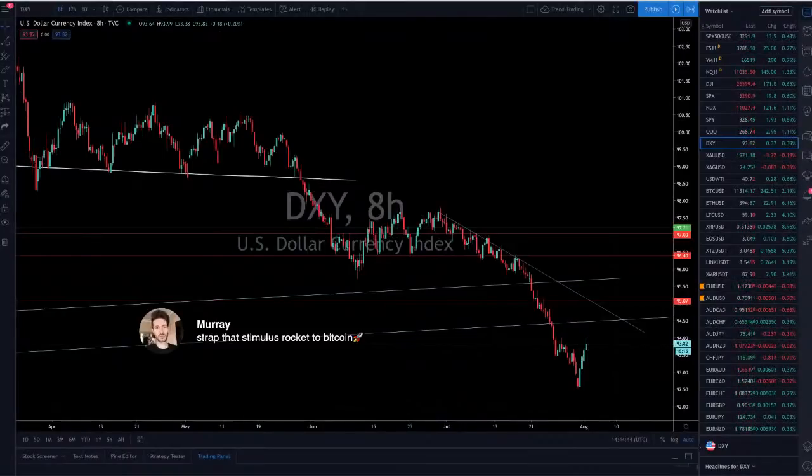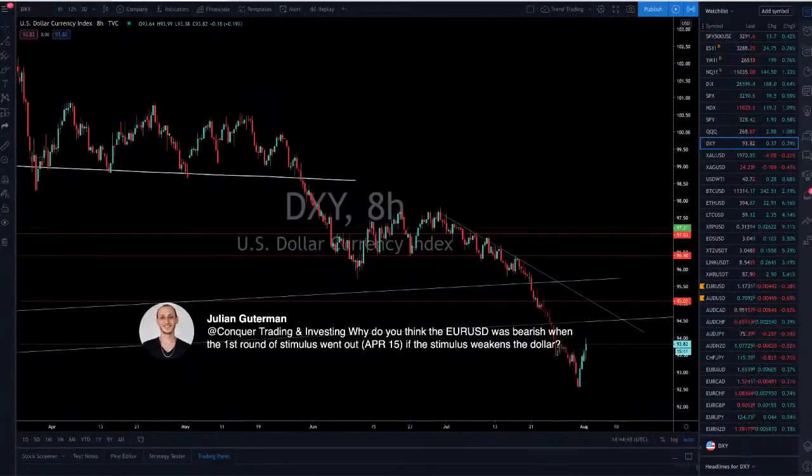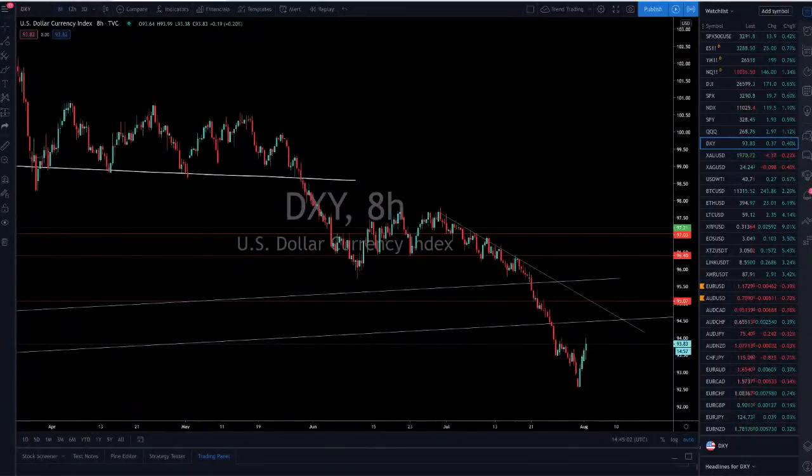Why do you think the Euro US dollar was bearish when the first round of stimulus went through? I'm sorry, I didn't see your question. The question was, why was the Euro US dollar bearish when the first round of stimulus went through? We were in a huge environment of uncertainty. This wasn't like a financial crisis this time. Well, it was financial, but the virus caused all of this.